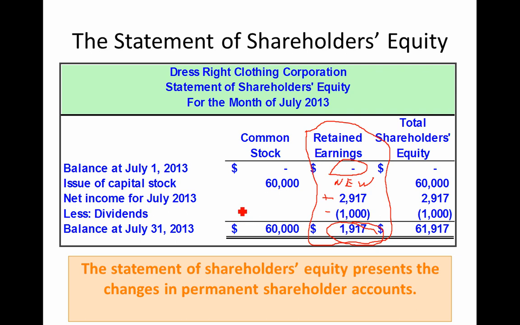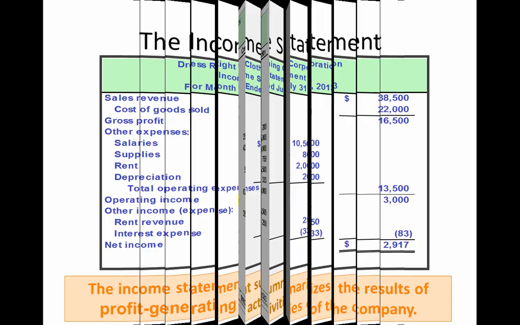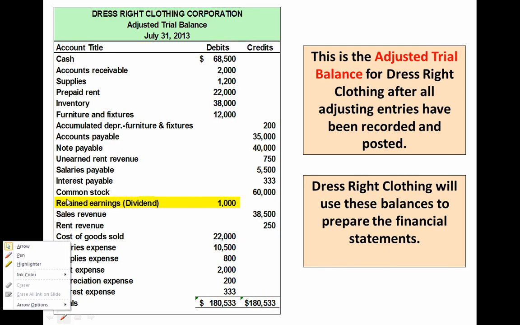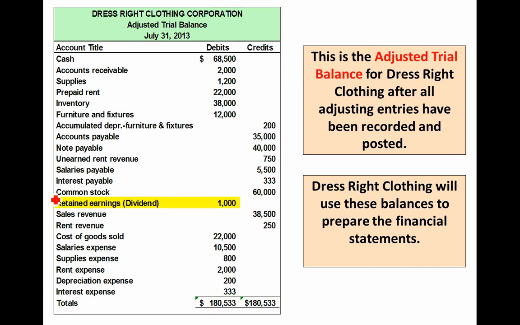And remember, this is not the balance that we saw in the previous lecture in the adjusted trial balance. So the retained earnings balance that's going to be reported in the financial statements is not going to be the balance that we saw on the trial balance.